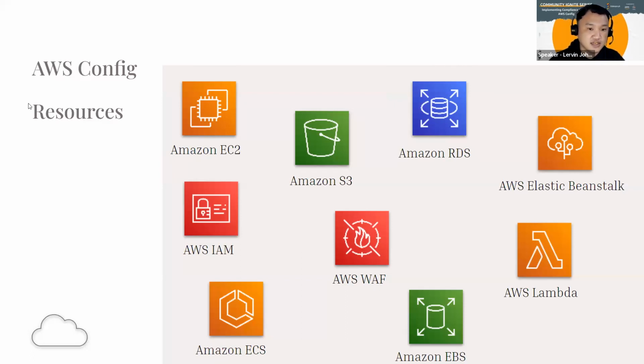We also have here RDS for database service, and S3 and EBS for storage service. Ayan. And we also have IAM pala and web application firewall. This is not the only AWS services na kayang i-manage or i-monitor ni AWS Config. I just listed here an example of the most commonly used AWS services.